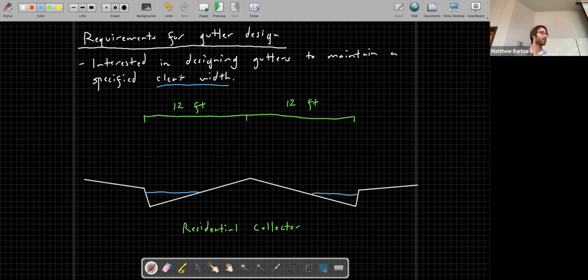Okay, so we want to maintain a specified clear width. For a residential collector in Austin, the mandated clear width is 12 feet. So that means that from here to here, this needs to be 12 feet long, which means that the water can have a spread of 6 feet on each side.